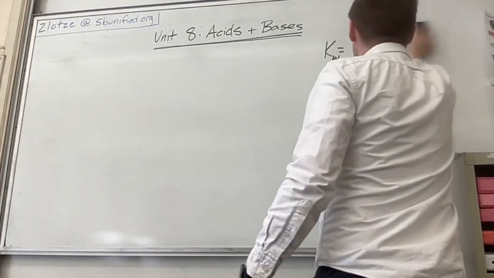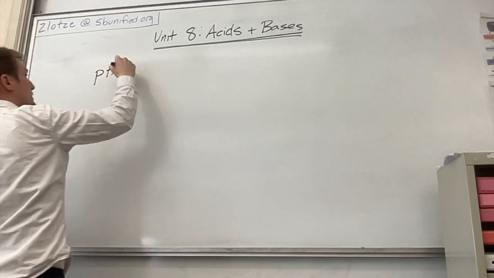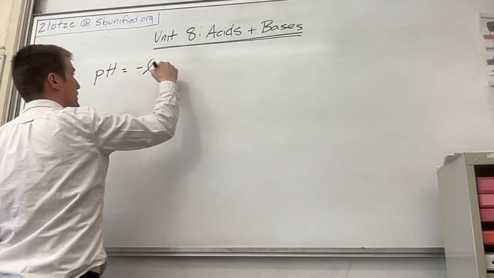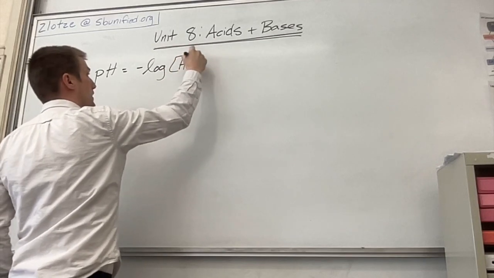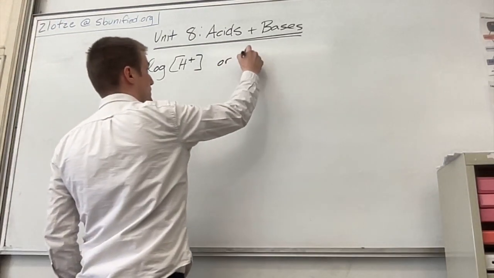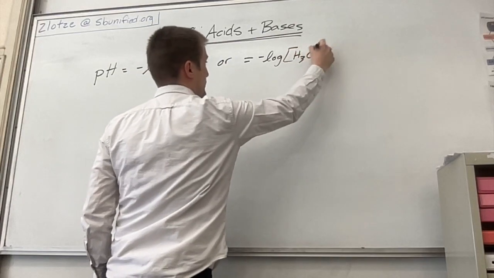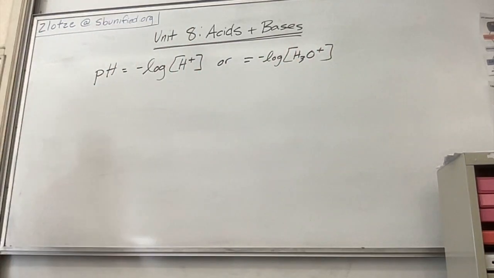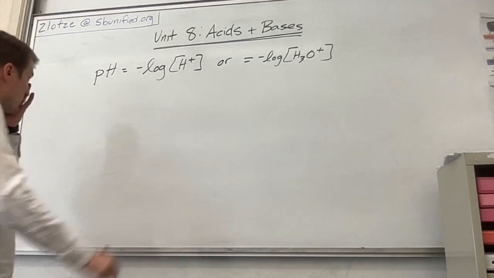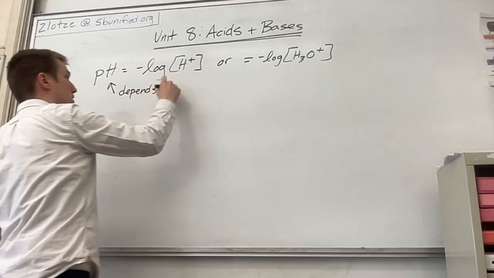pH is defined as the negative log base 10 of the concentration of H plus in your solution, or the negative log of the concentration of H3O plus, if you think about it that way. Either way is fine. You're going to get the same number. So this depends on two things.